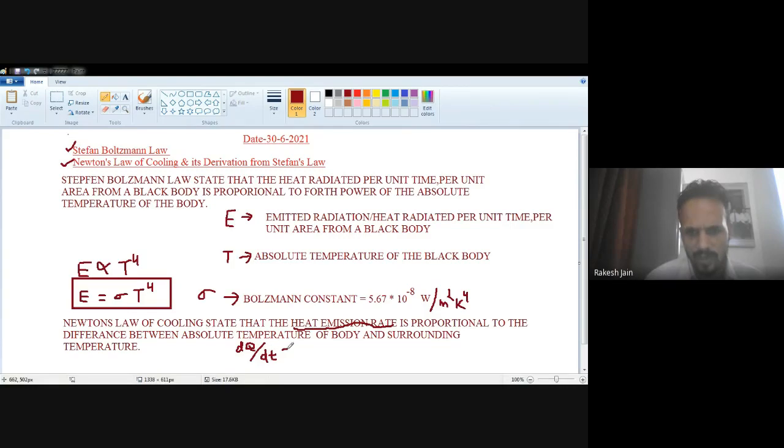So dQ upon dt is proportional to T minus T0, where T is the temperature of the body and T0 is the room temperature, or we can say temperature of surrounding. This is the statement of Newton's law of cooling. So this one is the second thing, Newton's law of cooling.